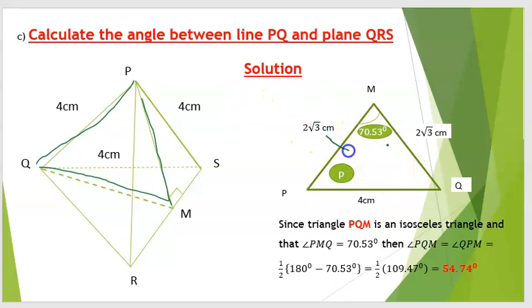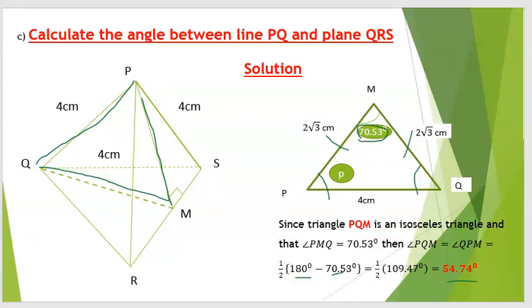Indeed, this is the angle that we had here. We have already gotten this one as 70.53. So the angle that we need here is the base angle of our isosceles triangle. So I'm going to take 180 minus 70.53 and then divide by 2. If you do that, you get 54.74 degrees.